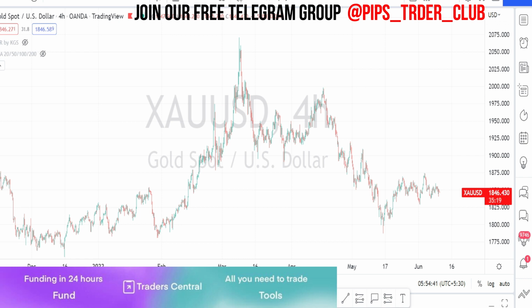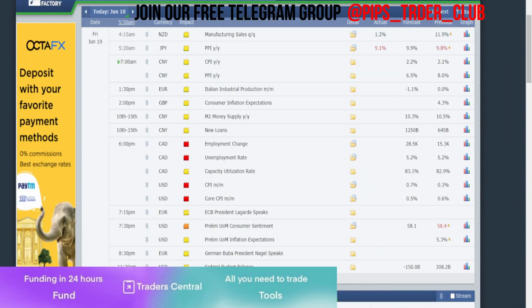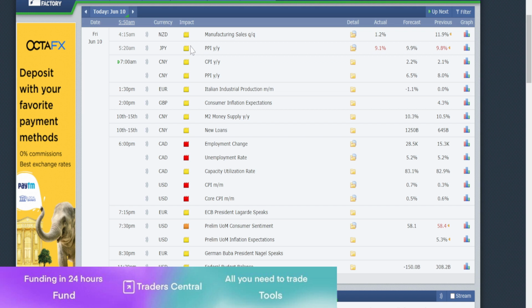Before that, let us look at the economic calendar for today. Today is Friday, June 10th, and we have lots of low impacting news planned for New Zealand dollar currency pairs, Japanese yen currency pairs, and yuan currency pairs, and euro currency pairs also.